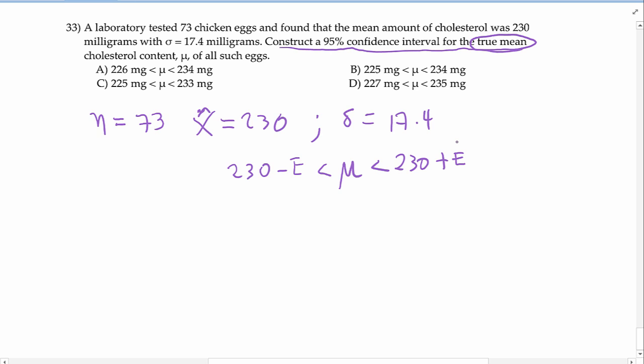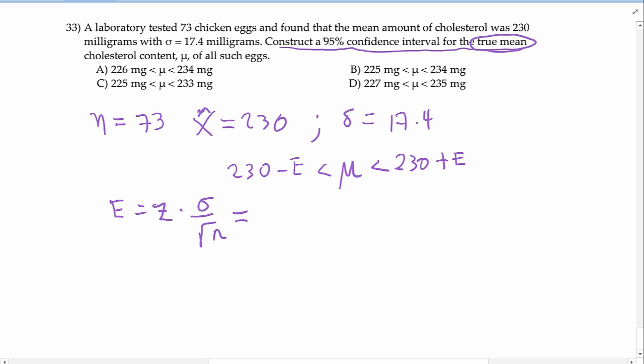All right? So now what we want to do here is estimate the E. We have the formula for that. The margin of error is going to be the z-value times sigma over the square root of n.